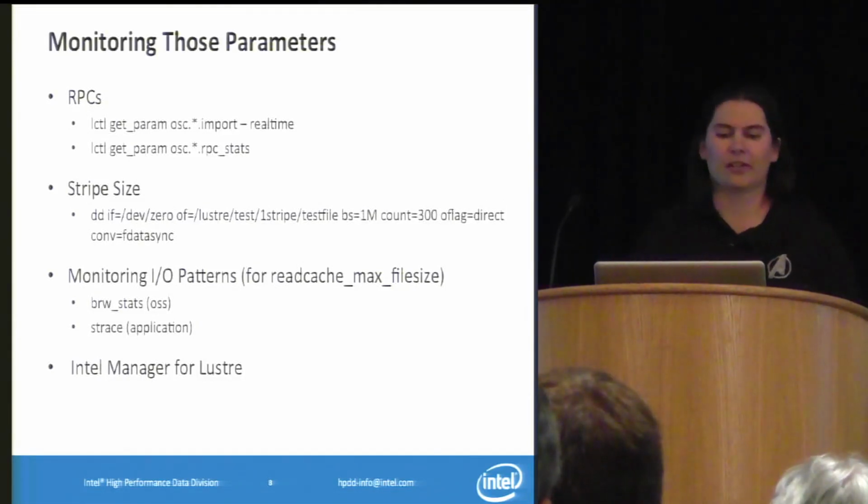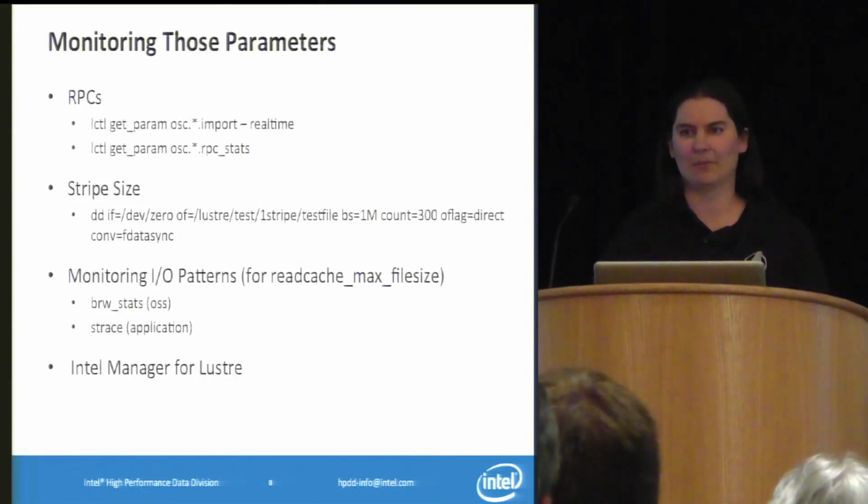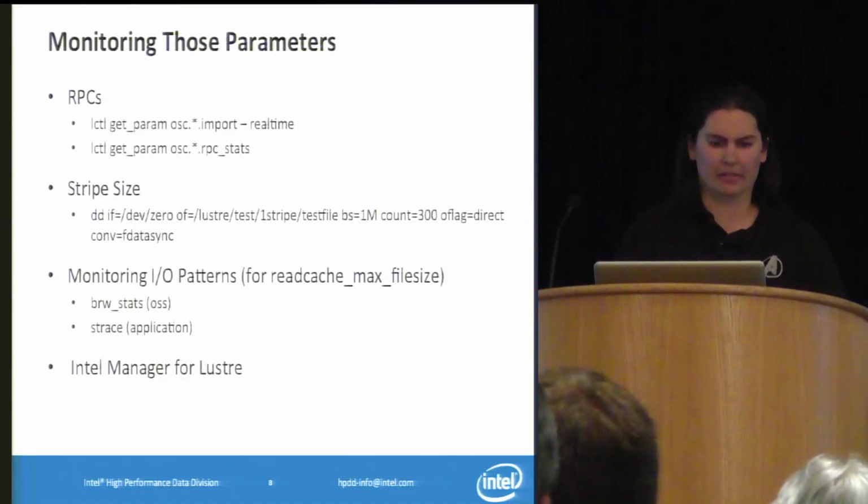As far as monitoring the I/O patterns, this one was actually really difficult for me to figure out how to do. BRW stats will give you an idea of what size of I/Os you're running, but it encapsulates them all together. So it'll tell you you've got 90% of your I/Os coming across as 1 meg, but that doesn't actually tell me what my I/O pattern is.